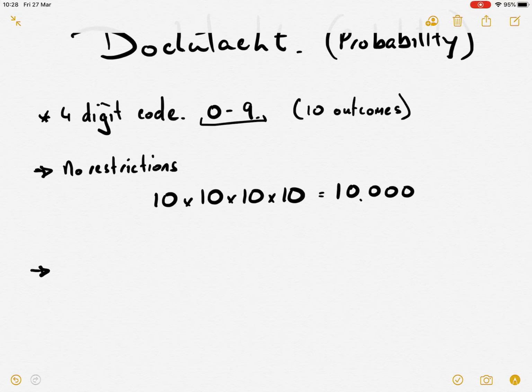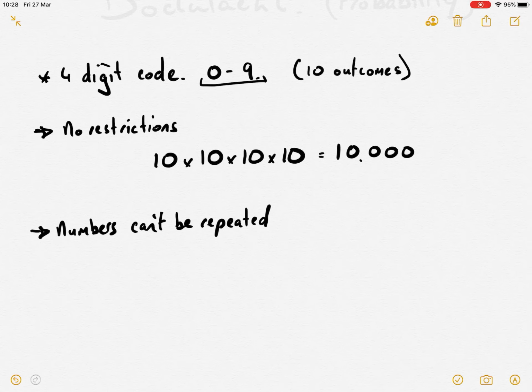The second way it could ask me is a 4-digit code, but digits can't be repeated. So again, when you're picking that code, you'd have 10 outcomes, any one of the 10 for your first digit.